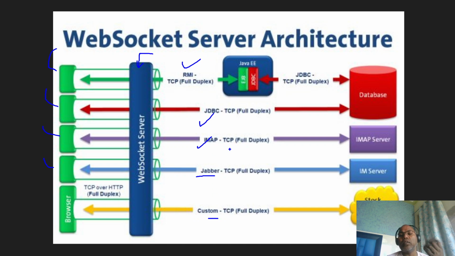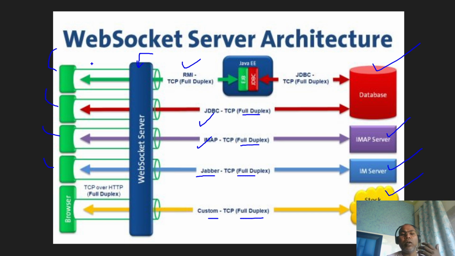Any kind of connection, but generally ensure that they are full duplex, that means bidirectional, so data can be sent and received on both sides. This is a TCP-based connection, a full duplex connection, and that may be your database server, IMAP server, messaging server, or any kind of stock trading or custom application where our WebSocket can integrate.